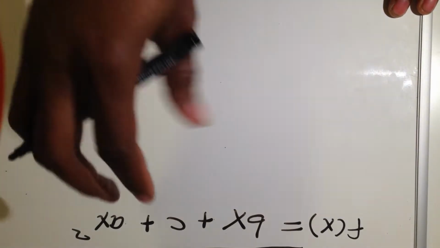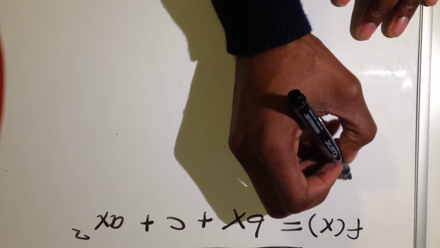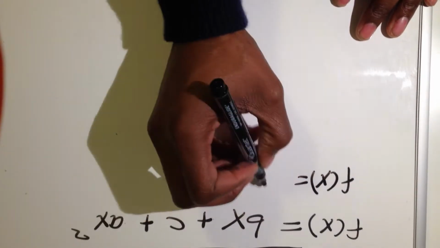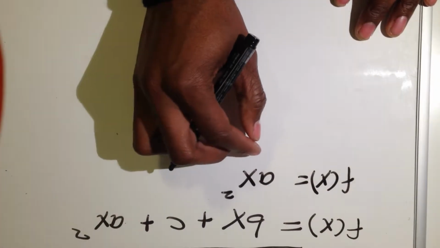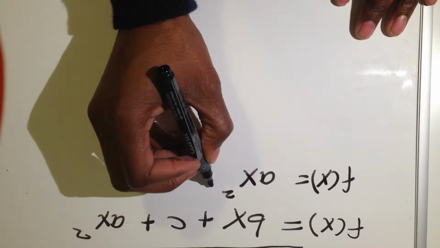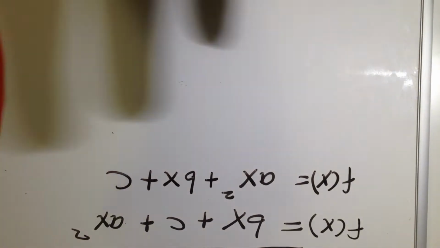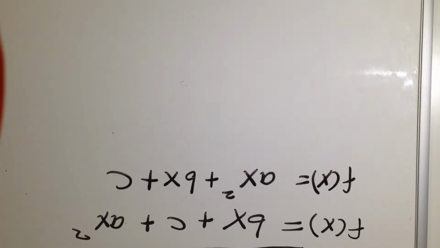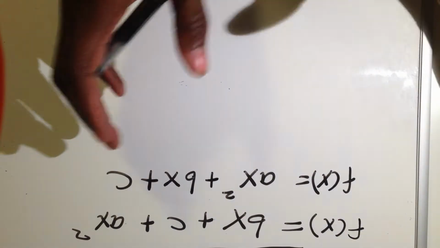Now what you've got to do is put it in this form: f of x equals, make sure that the leading coefficient is on the left side. Make sure it looks like that. And then once you get it like that, you put in your template, and I'll show you the template first.